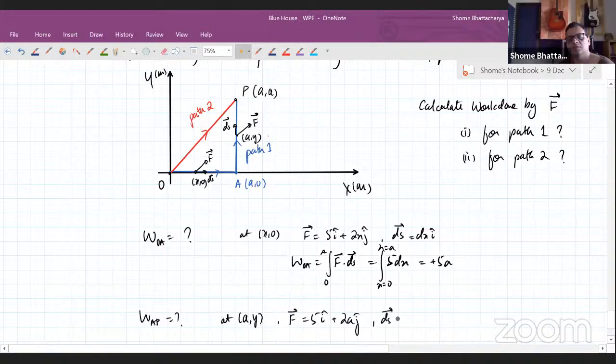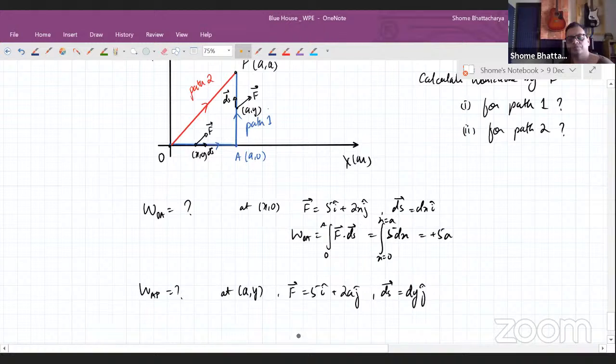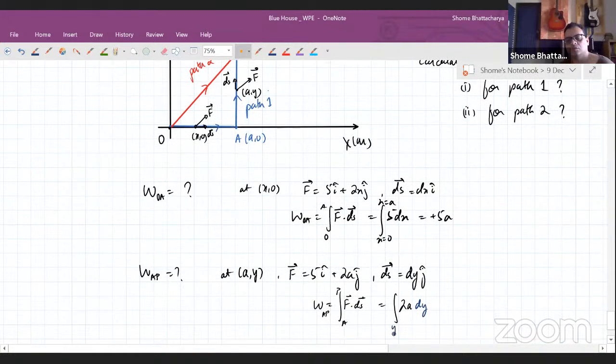And this time your displacement is dy j cap. So your work done, sorry, 2a dy from y equal to 0 to y equal to a. So this becomes 2a square.